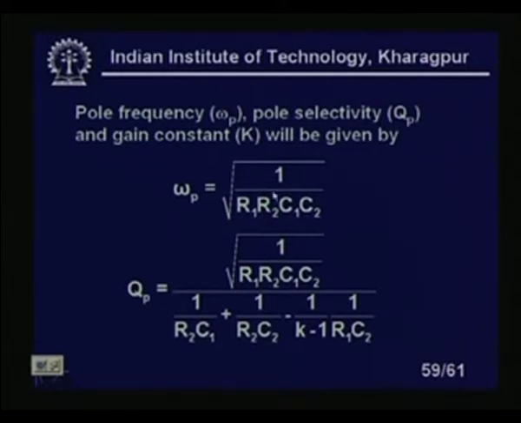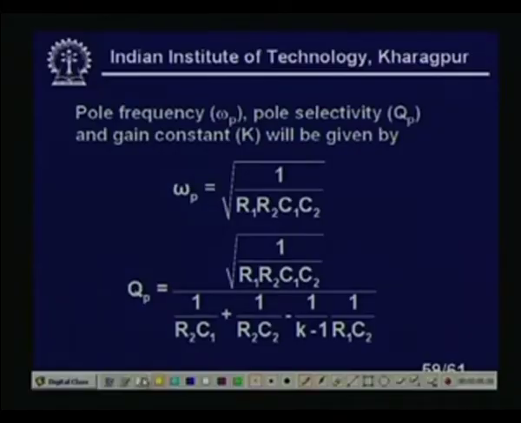So, there is no element which is in omega p but not in QP, or in QP but not in omega p. Similarly for K, if I have to tune all 5 parameters, omega p, QP, omega z, QZ, and K, it is just impossible to make orthogonal tuning with the single amplifier structure. That is a great drawback.